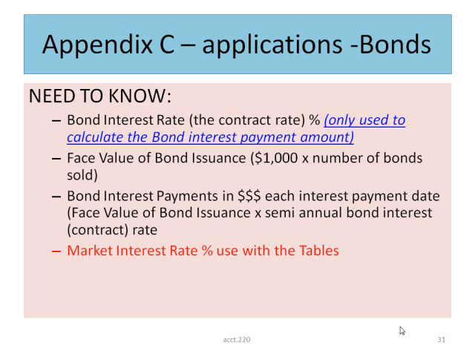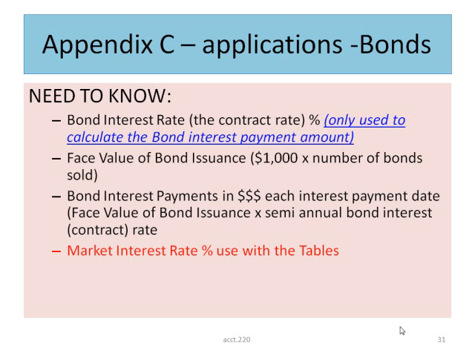So every 6 months or every year, you're going to pay $90 a bond. If you sold 30 bonds, 30 bonds times 90, you're going to have interest payments of $2,700.